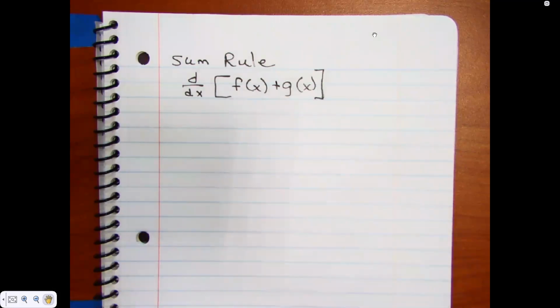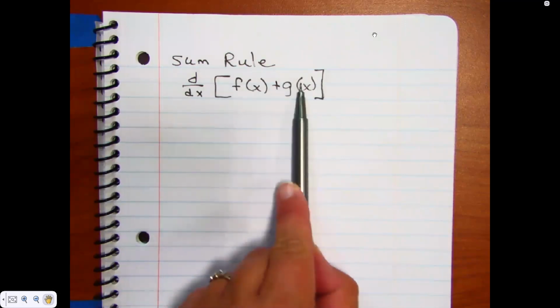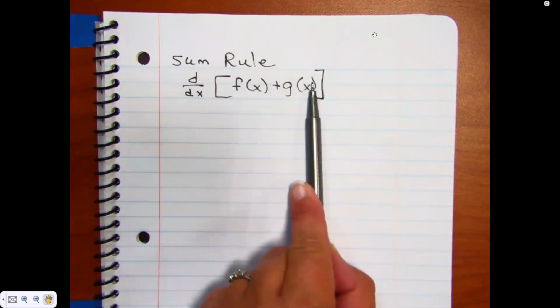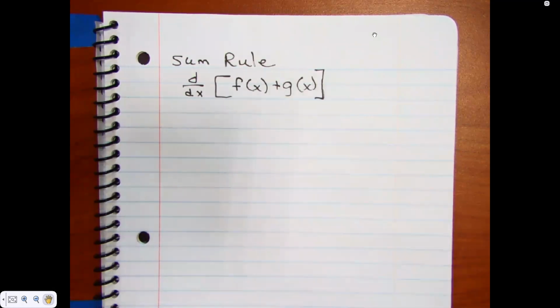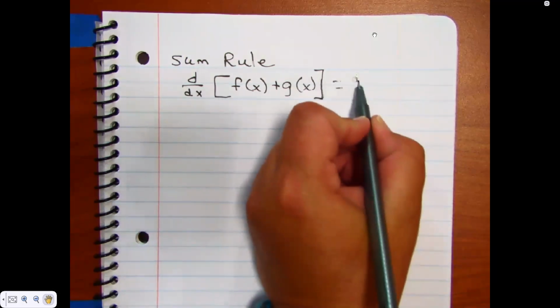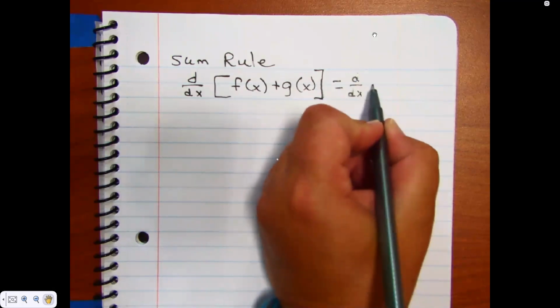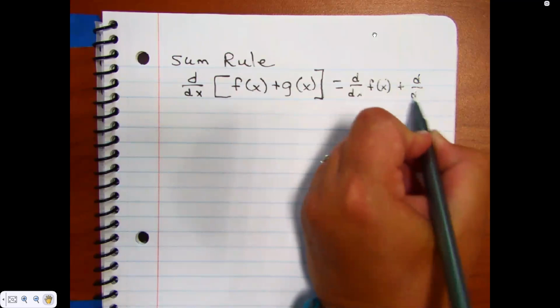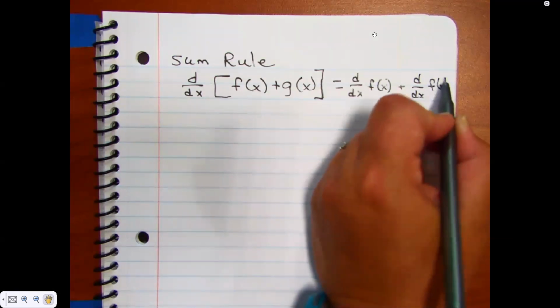That's okay, because that's technically the notation. But this also means just each term. When you're adding, you take the derivative of each term. So this is going to be equal to the derivative of the first term, plus the derivative of the second term.